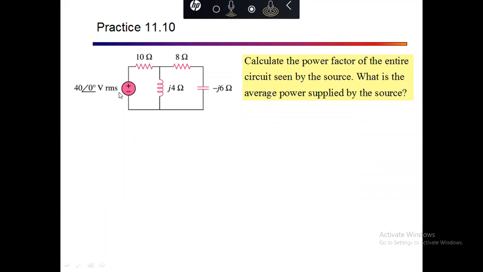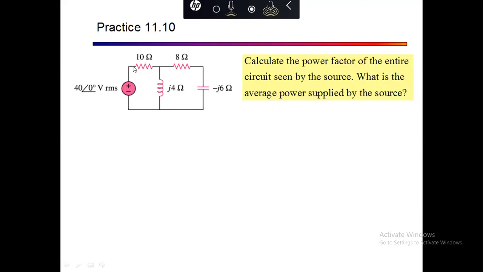Here we have the voltage given in RMS form, so it is not required to change it into RMS form. Second, we have to calculate the power factor of the entire circuit.